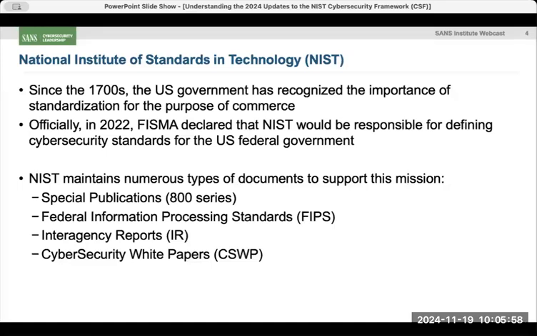One of the things is I was doing some research on NIST and their history. I actually found quotes going back to the 1700s where the US federal government recognized that they needed to have standardization for the purpose of consistent economic commerce. Basically, the idea is that if we don't have standardized weights and measures from an engineering standpoint, commerce can be really, really difficult.